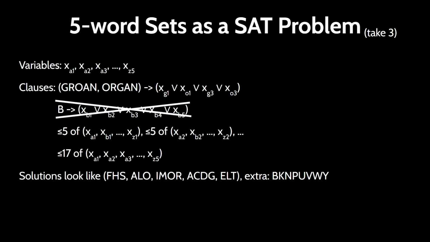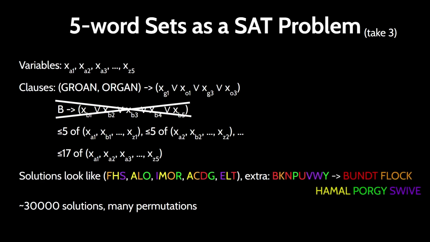Now there are far fewer solutions to the satisfiability problem, but more work is required to test all the possible permutations of the missing letters. This trade-off is worth it, and this optimization makes it possible to find the perfect 5-word set: bunt, flock, hummel, porgy, swive.